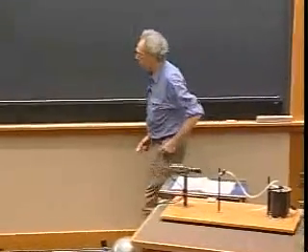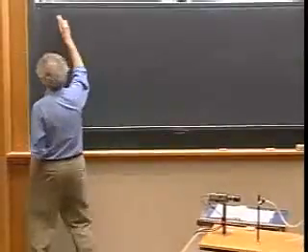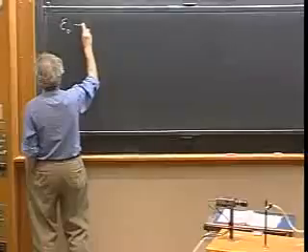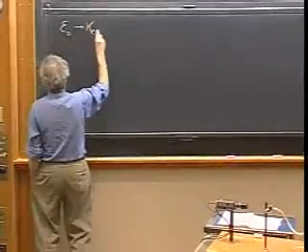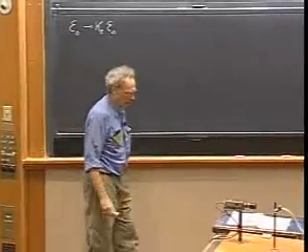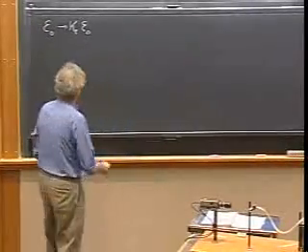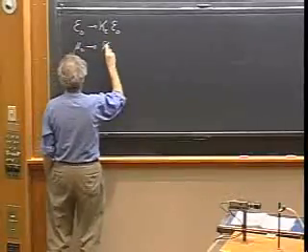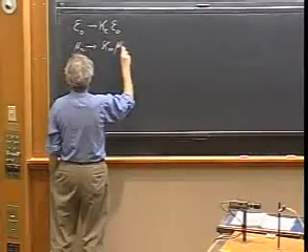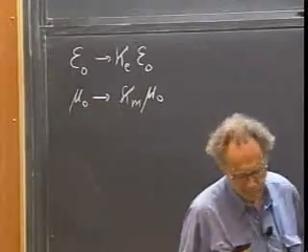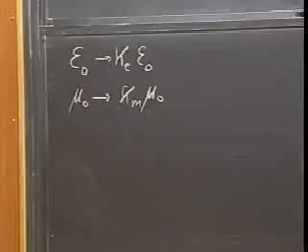One adjustment that we have to make, which we discussed earlier, is that wherever we have epsilon zero in Maxwell's equations, we've got to replace it by kappa of E times epsilon zero, the dielectric constant. And wherever we have mu zero, we have to replace this by kappa of M times mu zero. That is the magnetic permeability.